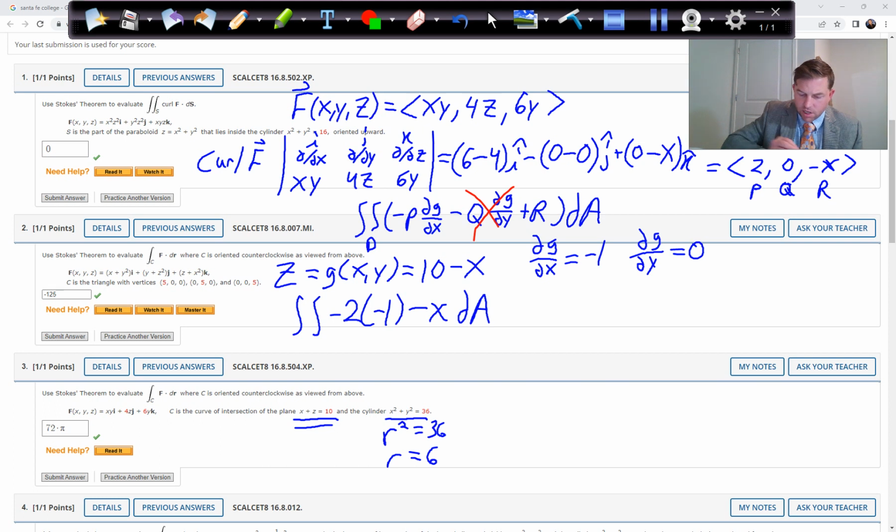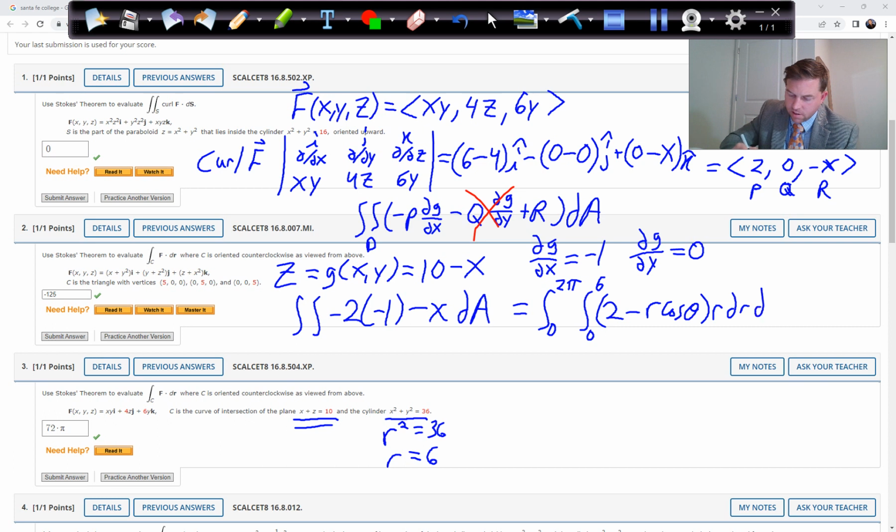So we're going to change this to 0 to 2 pi, and 0 to 6 of, this is positive 2 minus x, but x is really r cosine theta, times r dr d theta, to put it into polar coordinates. Okay, let me make sure I didn't make any mistakes. 2 minus r cosine theta, yep, that looks right. And so these should be easy enough to do.